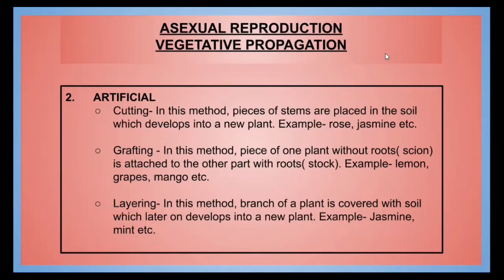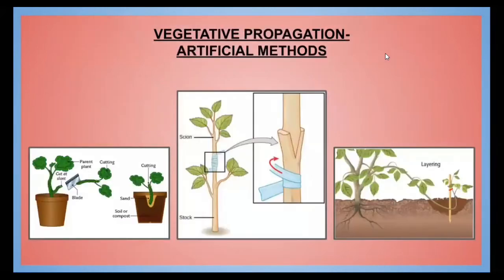Here just see the diagrams of it. You can see here, simply a small piece of a stem is cut and it is put into the soil. A new plant will develop from it after some time. It will grow roots from the lower part, which is inside the soil. The second is grafting.